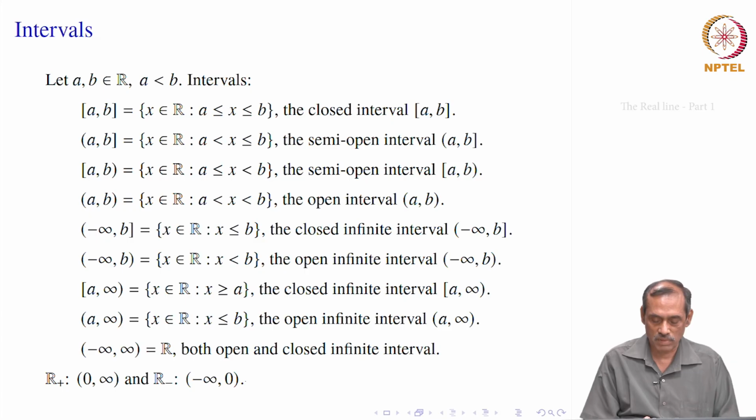Similarly, R minus will be all the real numbers less than 0 which are negative real numbers. So, all these sets are called intervals. Whenever we write one of these, that is called an interval. So, when we say let I be an interval, then it means I can be any of this.